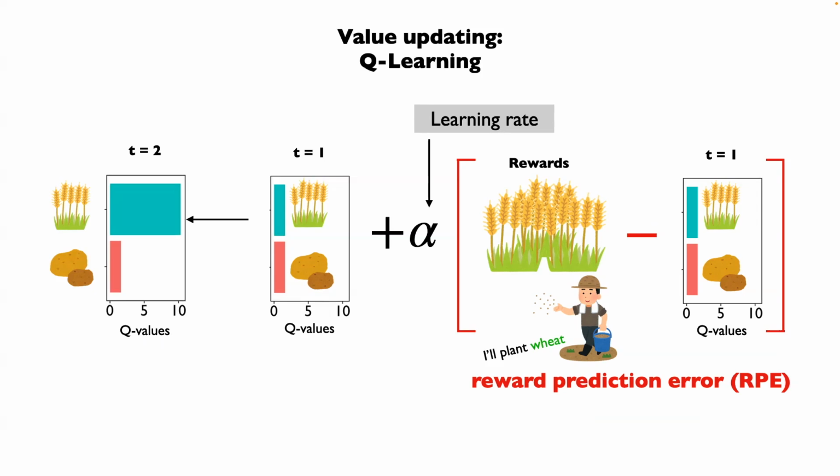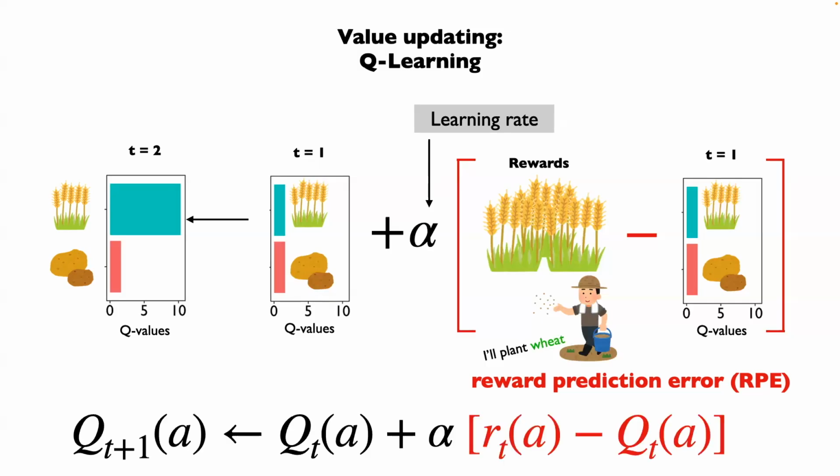This kind of forgetting process might change the potato value even though you didn't choose that option. These are possibilities, but here we are just focusing on the simplest version. The belief value for the unchosen option doesn't change, and only the chosen option value changes.